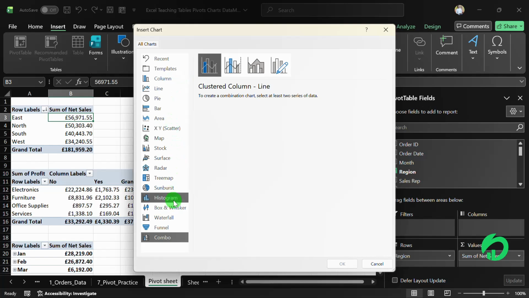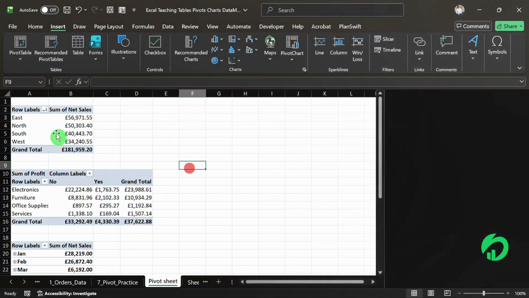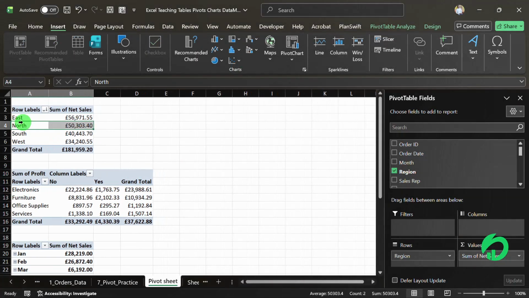So these are all the charts that we have in Excel that we can use to communicate whatever we are trying to communicate. For this first question, we are trying to see which of these states or regions is giving the highest net sales.